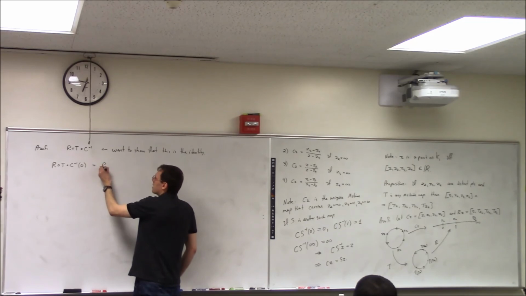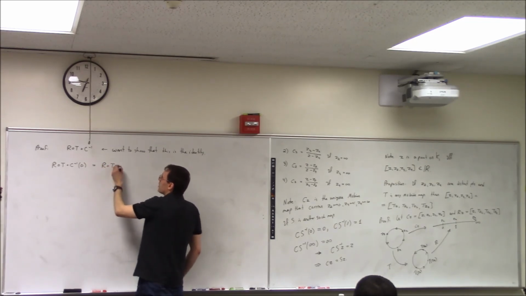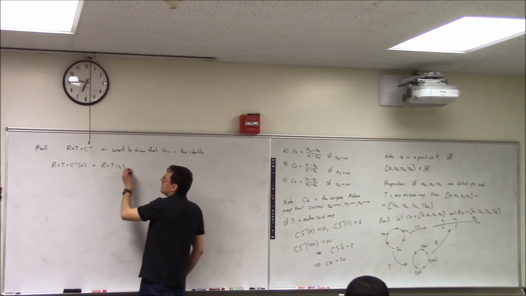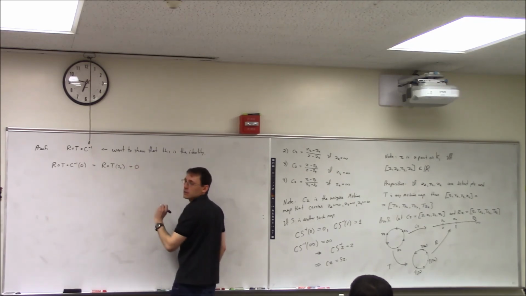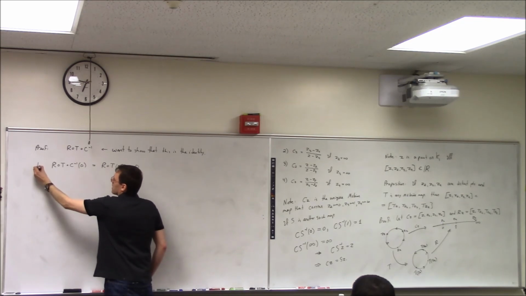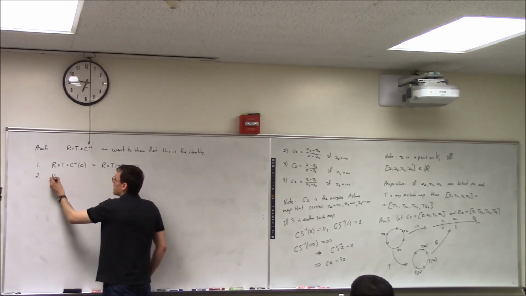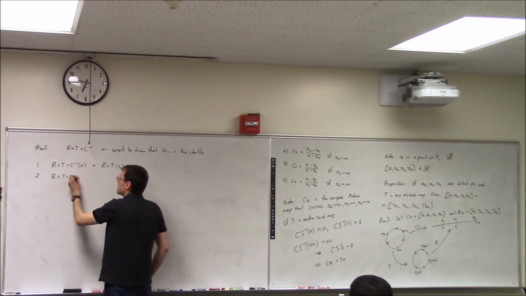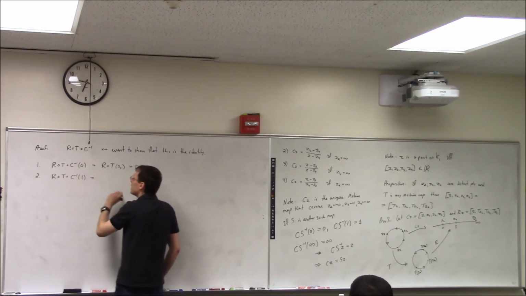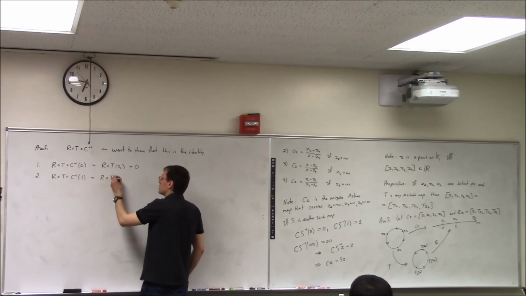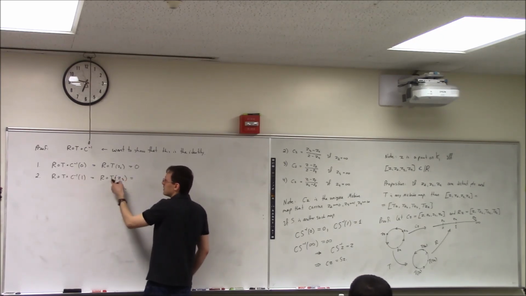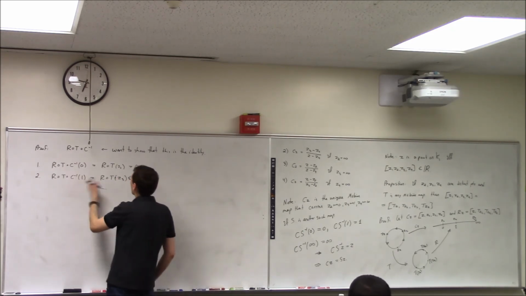That's going to be R composed T of Z2, and R maps TZ2 to 0. And then R composed T composed C inverse of 1 is R composed T of Z3, and R is mapping T of Z3 to 1. So again, you see 1 is fixed.